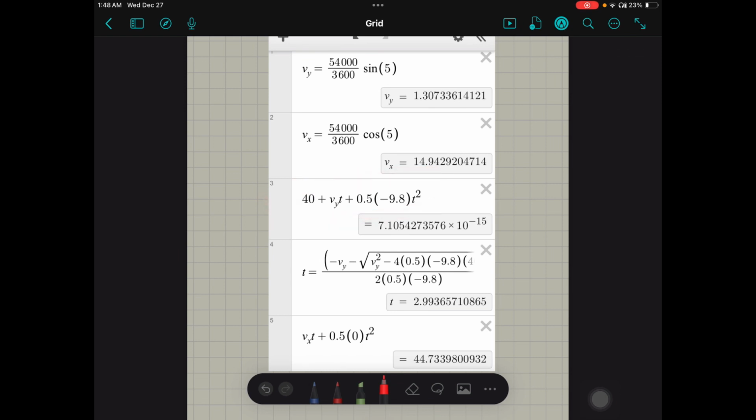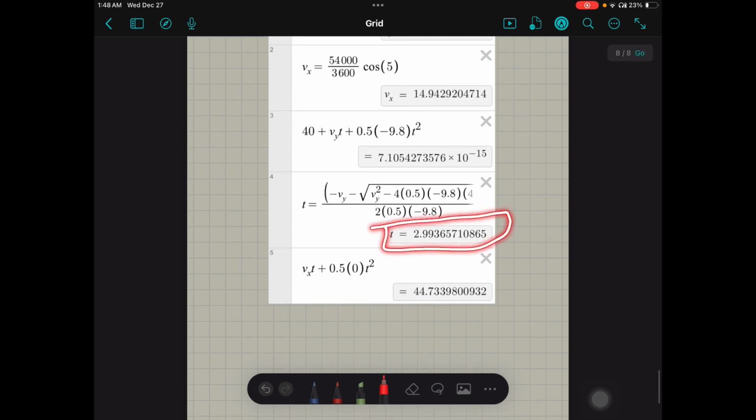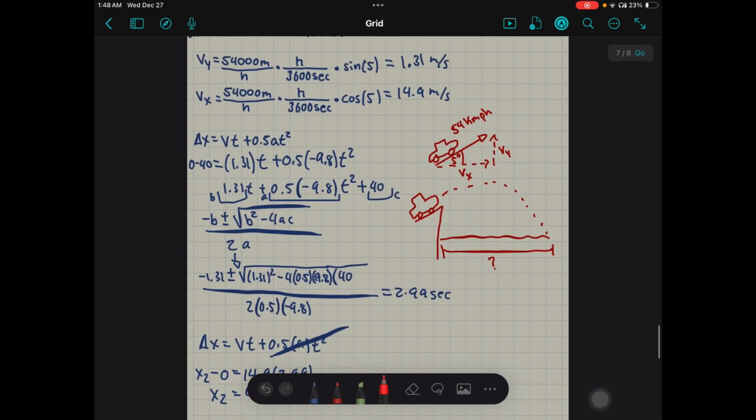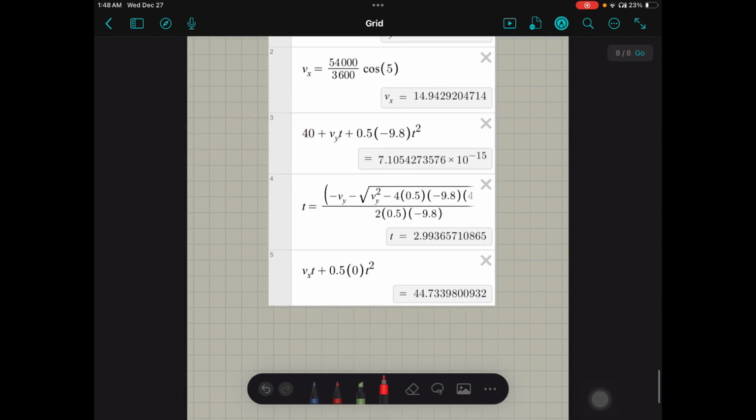And we use this just to solve for our t value, and our t value was 2.99. And from there, we were able to go back to this formula and solve for our change in x. So we plugged in our time and velocity, and we know that there's no acceleration in the x component, so we can just cross that out and do vx times t, and we get 44.73. So we're pretty close.